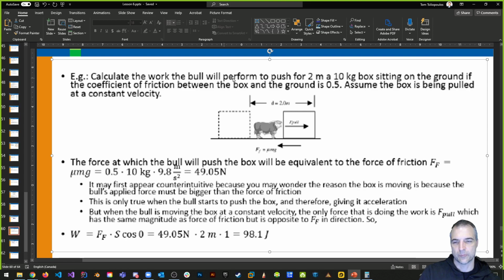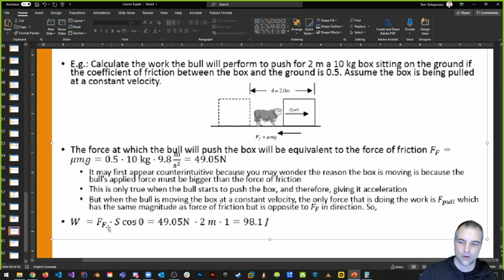We know that the work is the force of friction times the displacement times cos theta. So how do we find the force of friction? It's mg times k, the coefficient of friction.